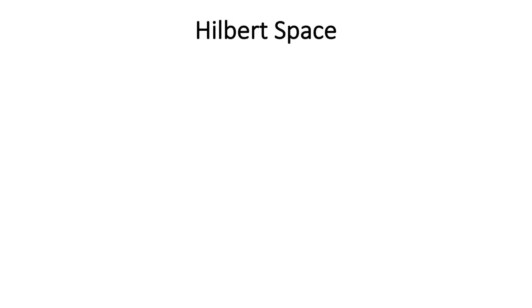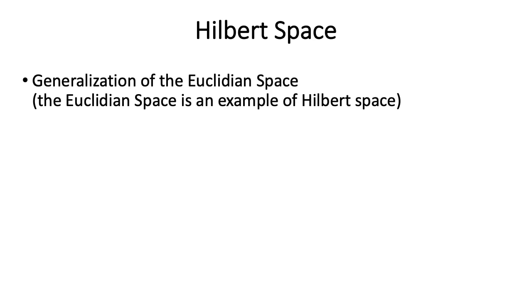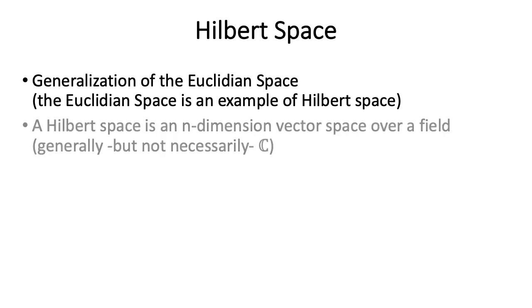Now, a Hilbert space is just a generalization of the Euclidean space, and that means the Euclidean space is an example of Hilbert space in this particular case. A Hilbert space is an n-dimension vector space over a field, generally C, which is the complex numbers, but not necessarily.